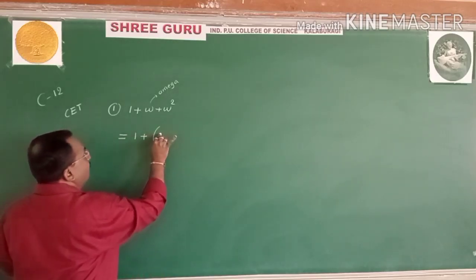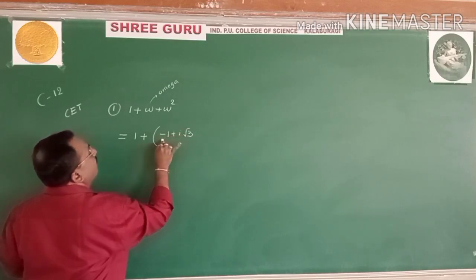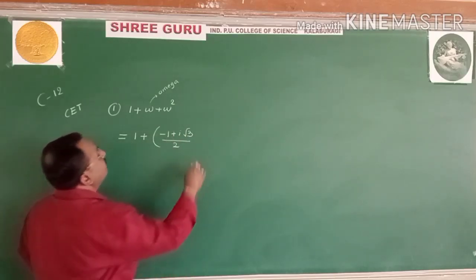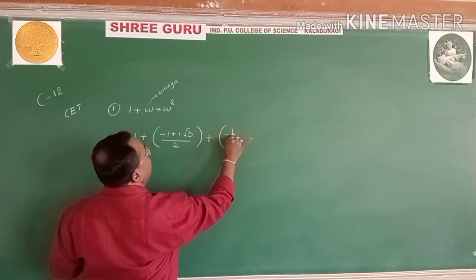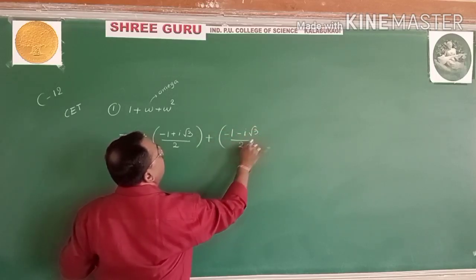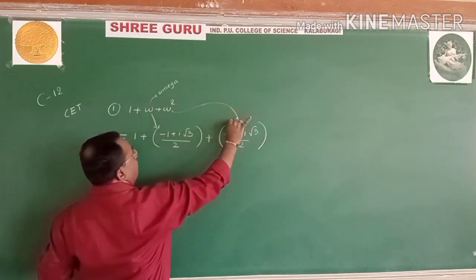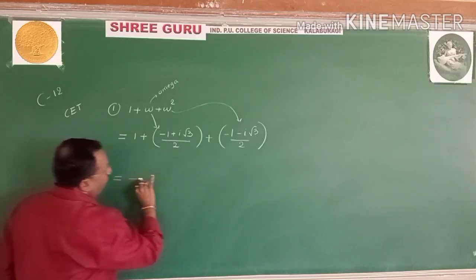Omega value is what? Minus 1 plus i root 3 divided by 2. Plus omega square value is what? Minus 1 minus i root 3 divided by 2. This is omega value, this is omega square value. Next, apply LCM.